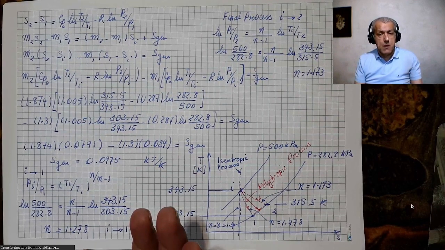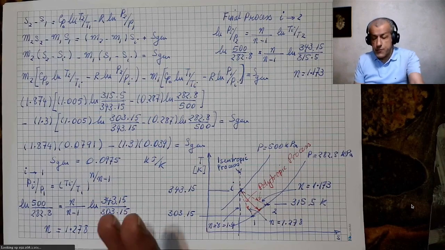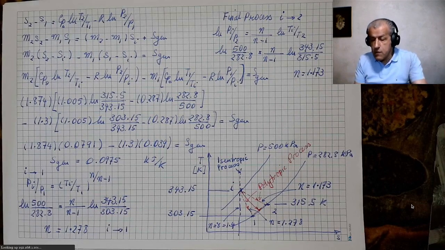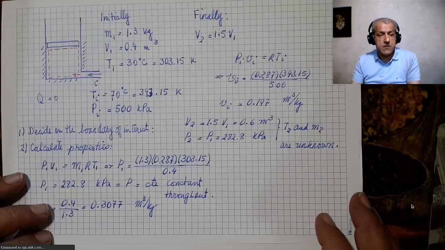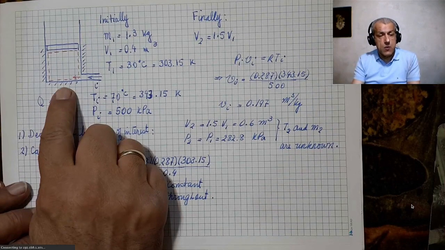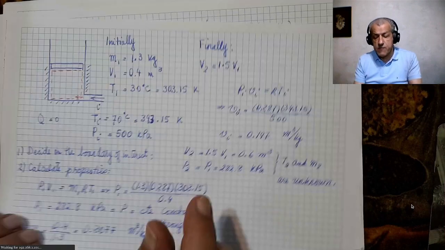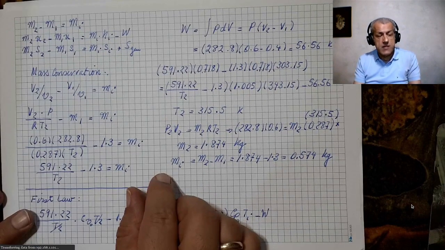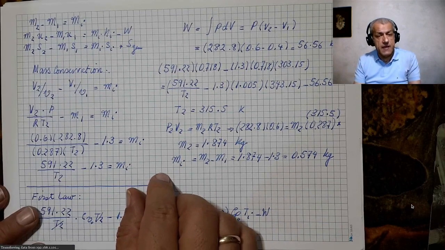So we managed to do all the steps that we had to take for solving the problem. We decided on the control volume, we calculated properties, then we simplified our equations: the mass conservation law, first law of thermodynamics, and the second law of thermodynamics.